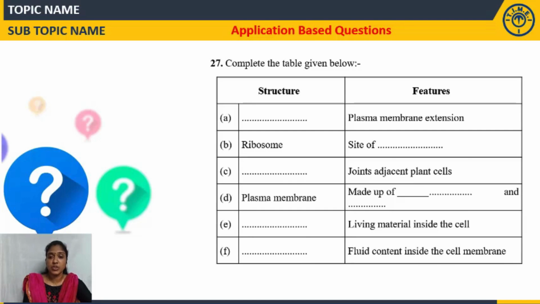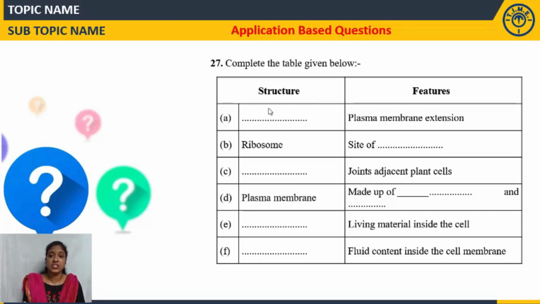So this is the structure coming under this structure, and these are the features. So A feature is given. Okay, plasma membrane extension. So we have to find out which structure is doing the function or feature, that is plasma membrane extension. So who is doing this plasma membrane extension?